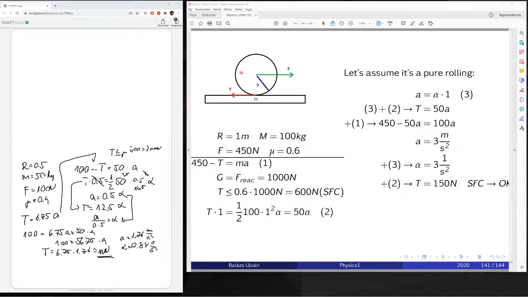Let me double check. Perhaps you're right, because you got the same result in several cases.